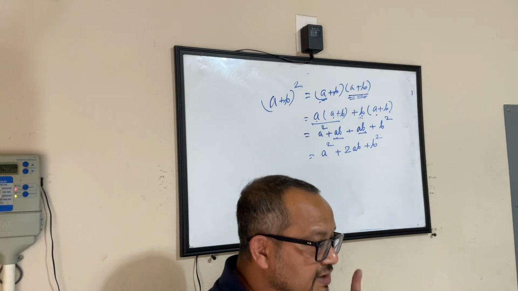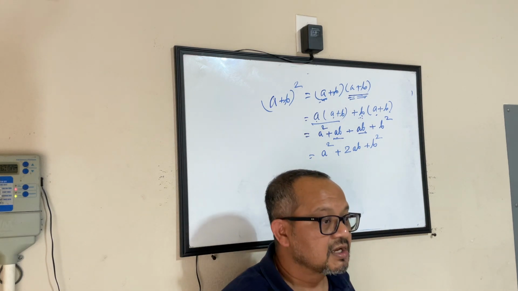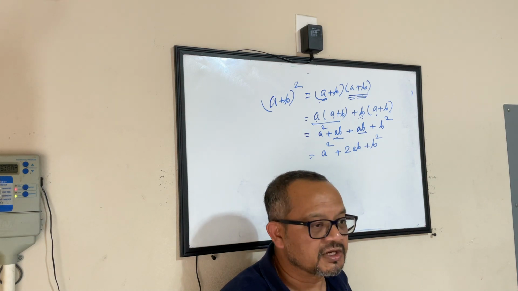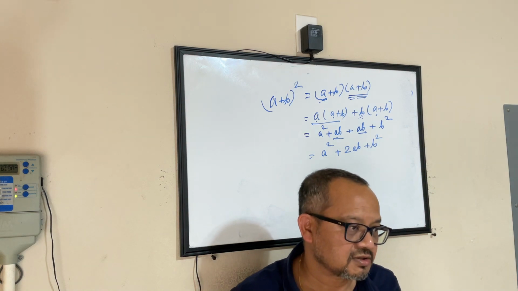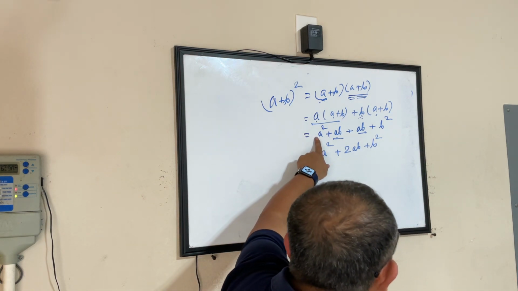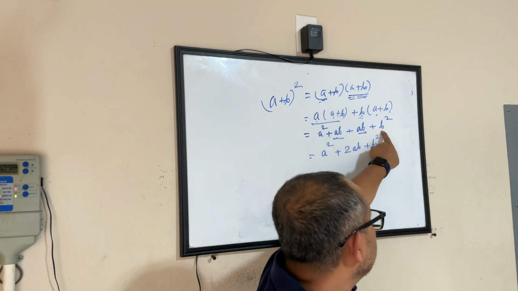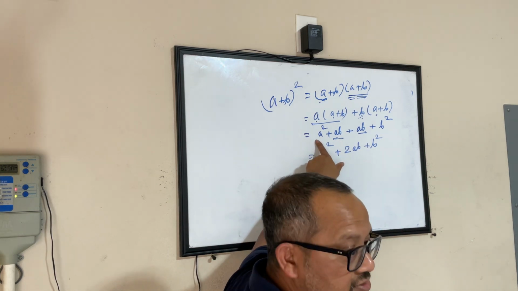Now, the basic thumb rule to remember in algebra is you never add apples to oranges, or oranges to watermelon, neither watermelon to bananas. What do I mean by that? For me, a square, ab and b square are different. This one is apple, this one is pumpkin and this one is tomato.